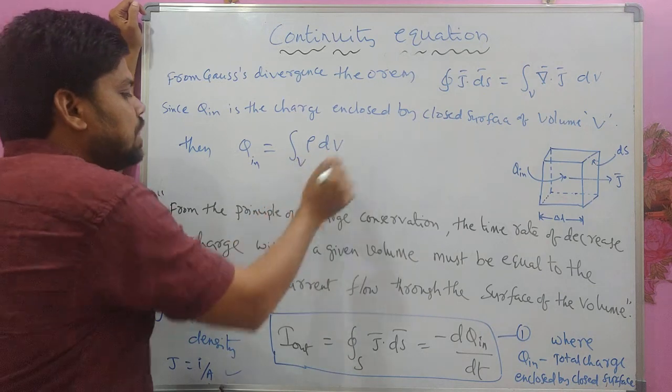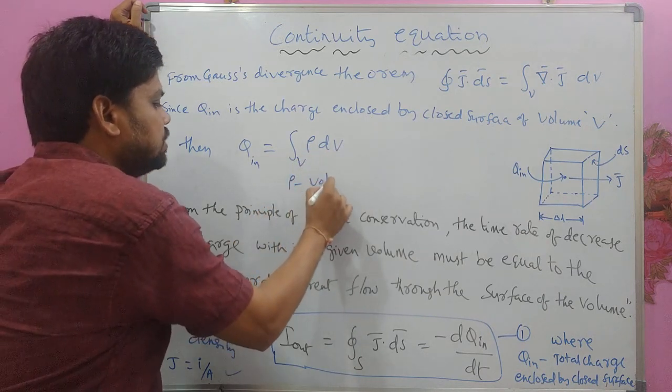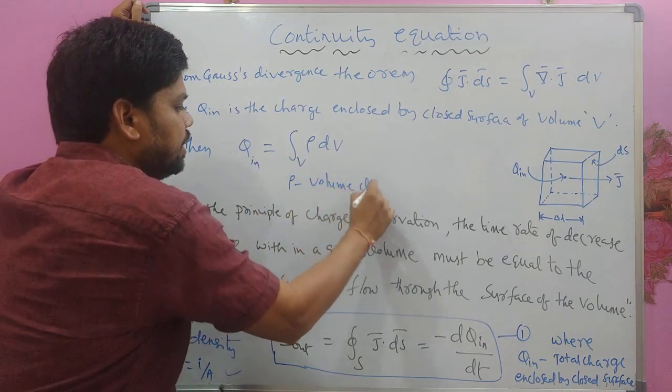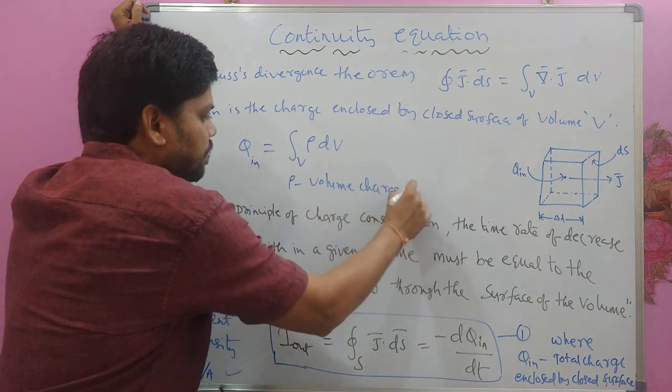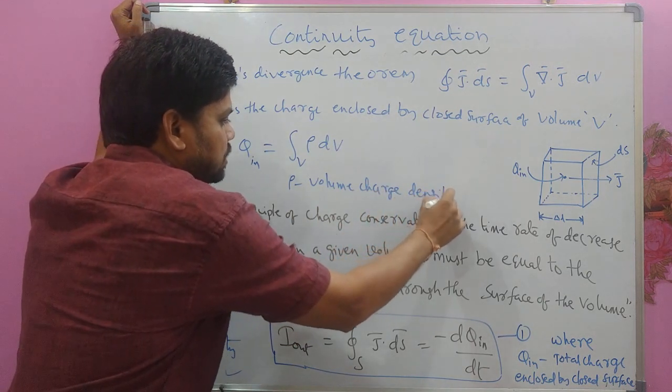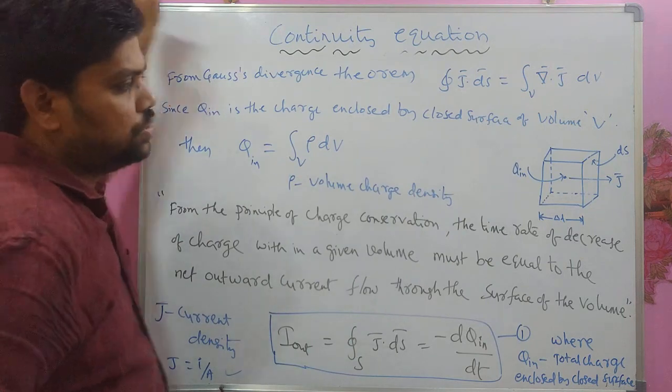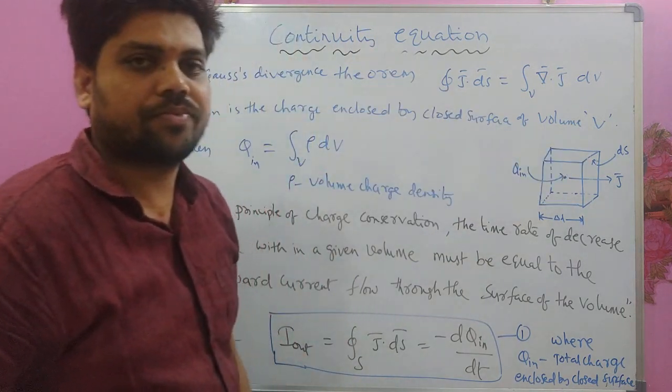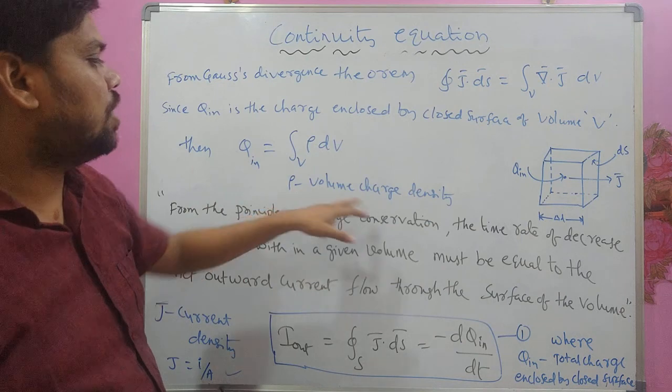See, this is volume charge, where rho is volume charge density. This we read in electrostatics. Whenever a charge is distributed uniformly through the volume, then we talk about volume charge density.